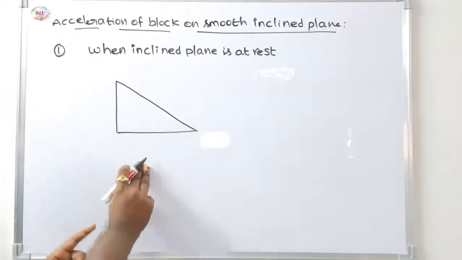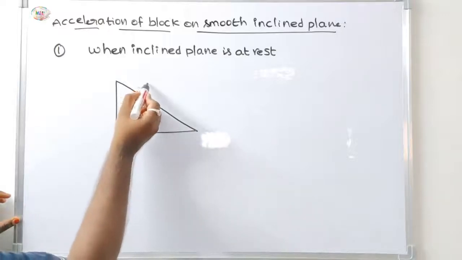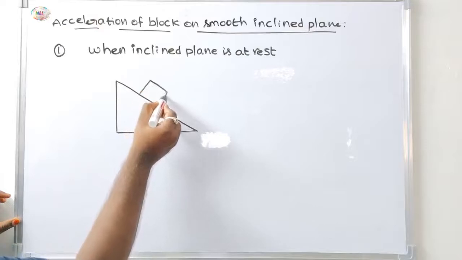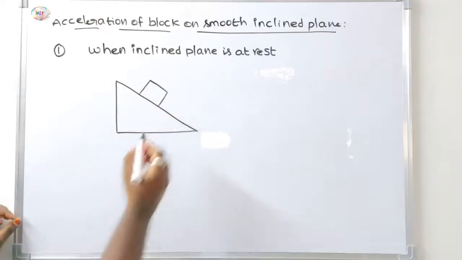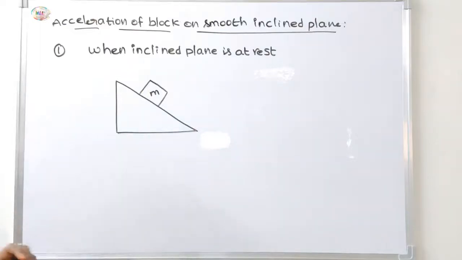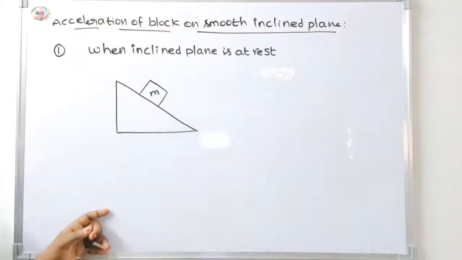Okay, this is the inclined plane. A block of mass m is situated on the inclined plane, at rest.